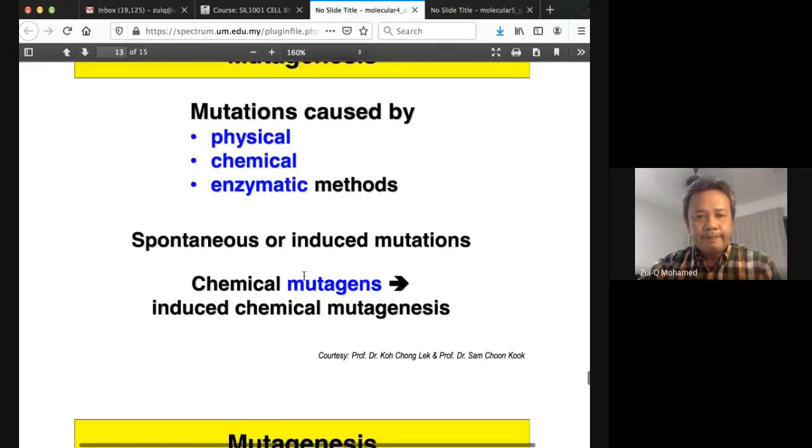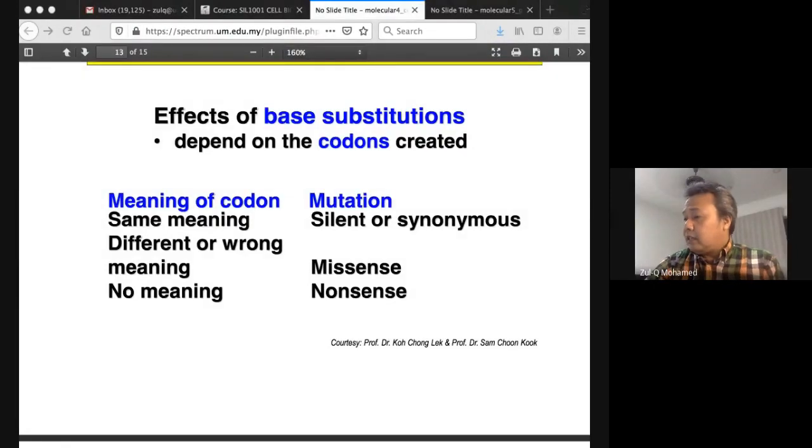Okay, there's a question. Is the transcript mRNA anti-parallel to the DNA template? Yes, because that is the general rule of DNA binding. Anytime you see binding between 2 different molecules, it's always anti-parallel.